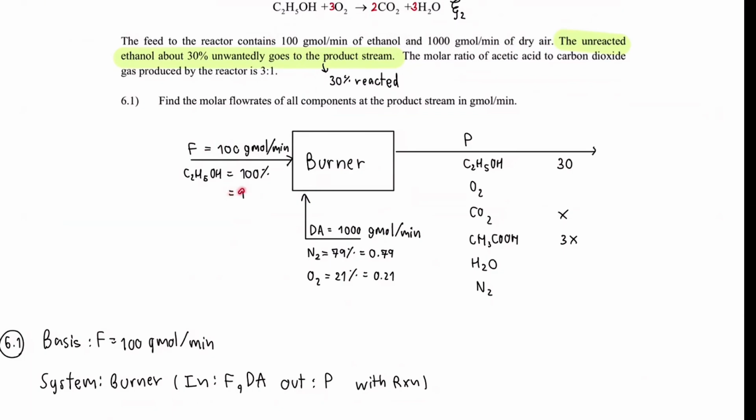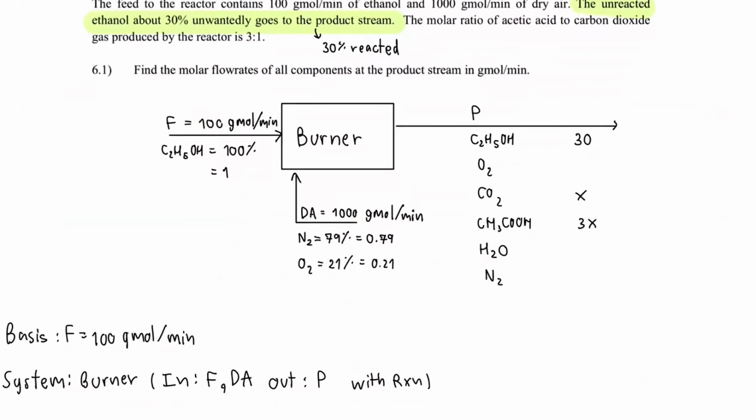So for ethanol it is 1. And for the dry air, we have nitrogen and oxygen. Nitrogen is 79% and oxygen is 21%, so in mole fraction nitrogen is 0.79 and oxygen is 0.21.